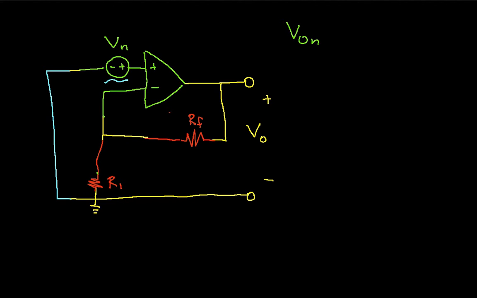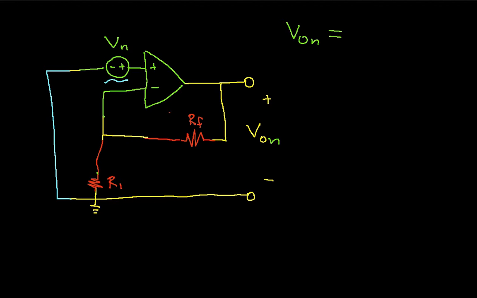Okay. Again, this is now the output voltage due to the input referred noise that the op-amp generates. So if you look at this circuit, it turns out we don't have to do any analysis because this is exactly the same circuit that we analyzed in a previous video showing the non-inverting op-amp circuit.